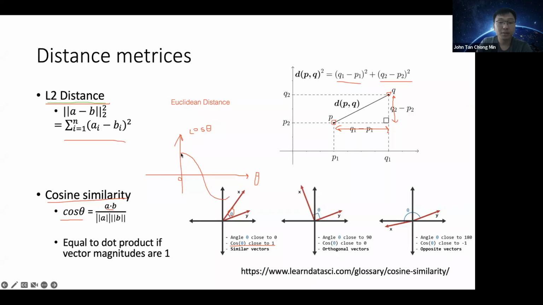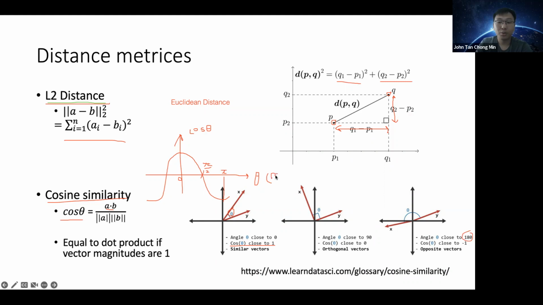This point here is pi over 2 in radians, and this point here is pi. So you can see that the cosine value is lowest when the vectors are at pi, which is 180 degrees, or pi radians.